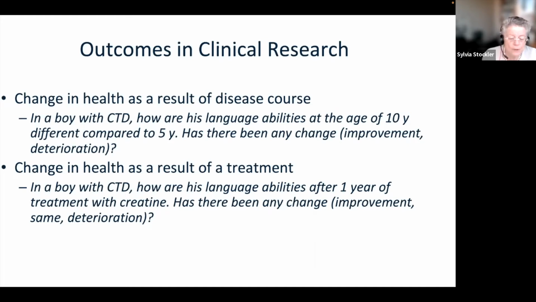This is the only thing we have at the moment for these patients, but hopefully in the future we will have more. Has there been any change due to the treatment? Has there been an improvement, is it the same, or a deterioration? So in this context, the language abilities would be one outcome, a tool to assess the treatment.